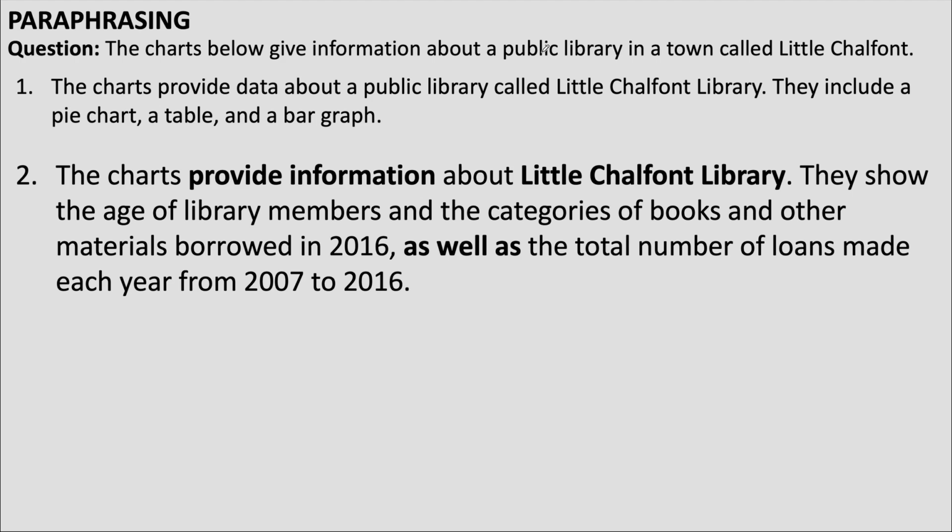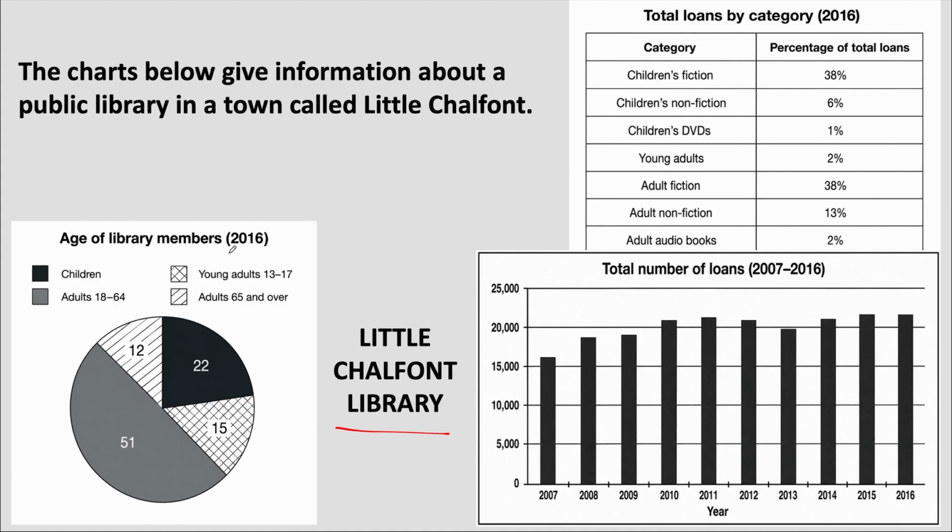Normally, the question itself tells us what the charts are about. In this question, however, that information is not given. So we have added from the chart headings. Two charts, the pie chart and the table, give information of only 1 year, 2016.